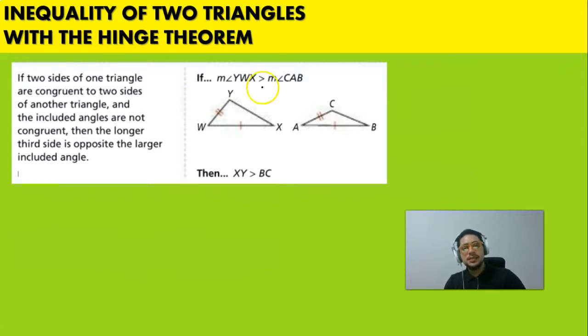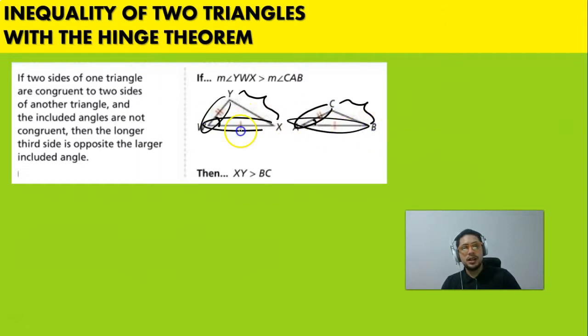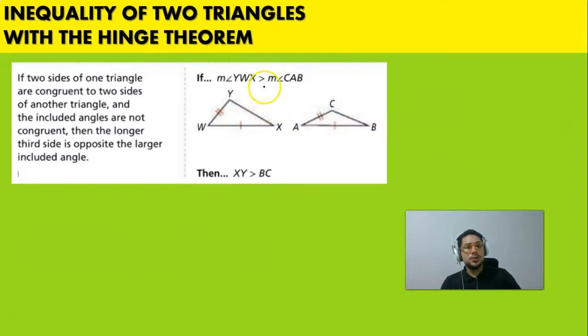So in this case, if the angle YWX is higher than the angle CAB, that means this side is going to be higher than this side. Because these two sides are congruent, and these two sides are also congruent, you have to take that into account.